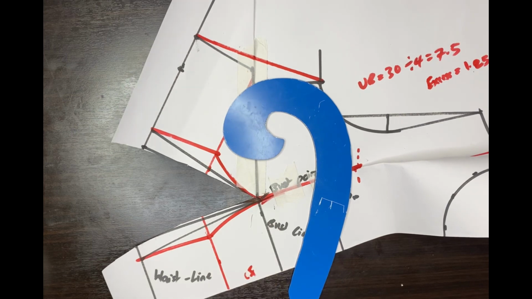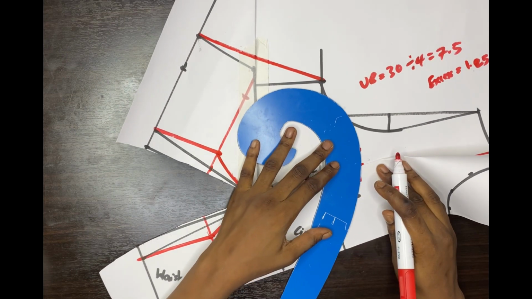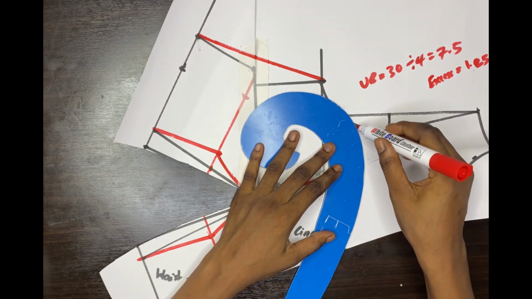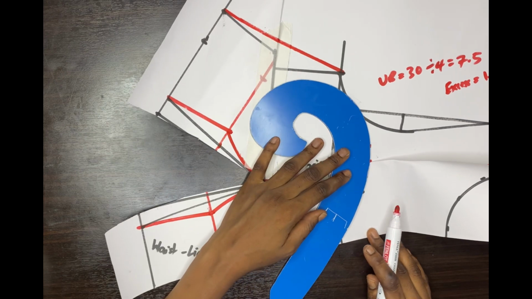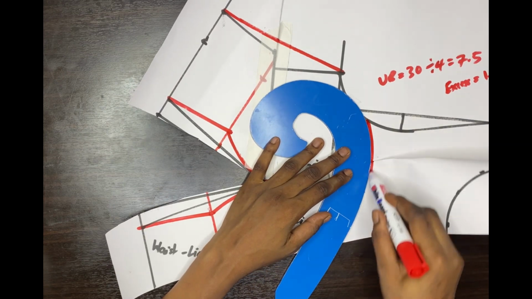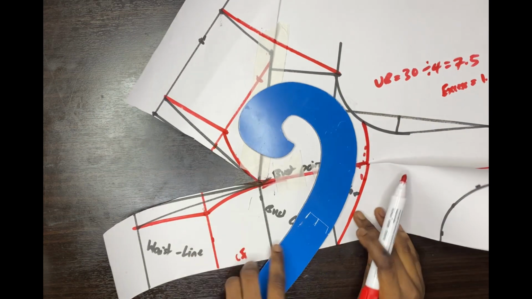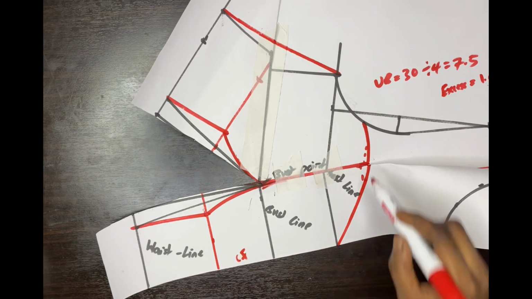Here, it depends on the style you are making. If it's sweetheart, if it's a straight neckline or whatever. So here we are just creating a simple sweetheart bustier top.